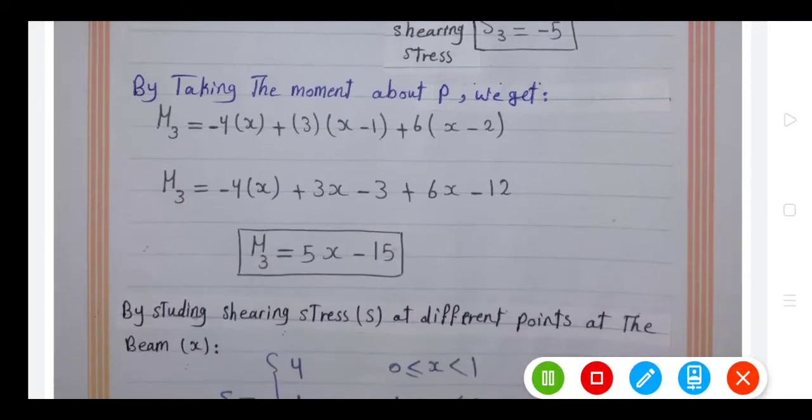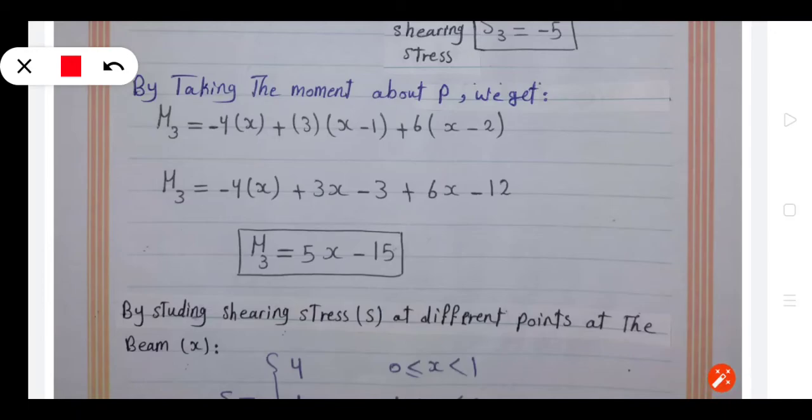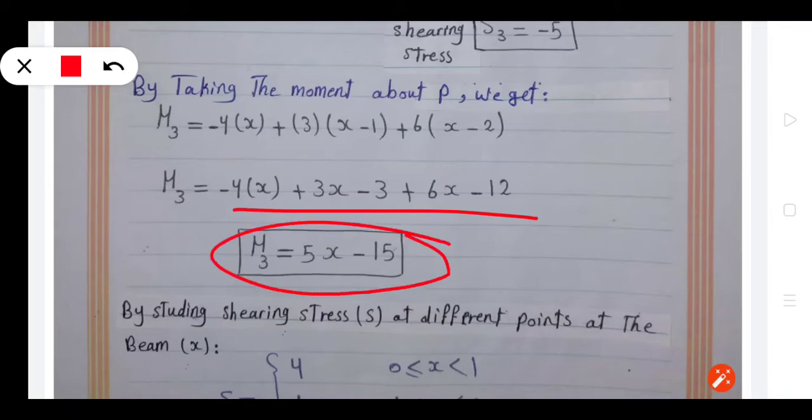We will write it in simplest form. It will be M3 equals 5x minus 15.